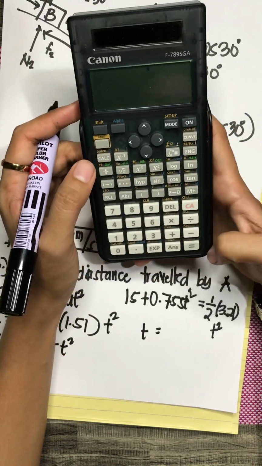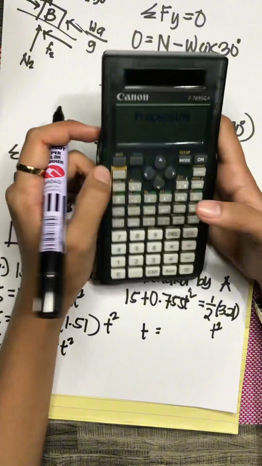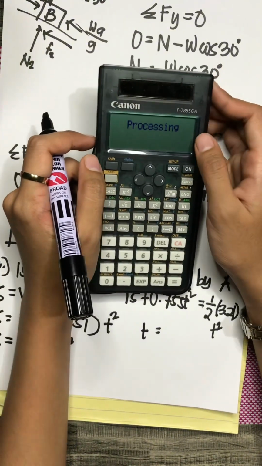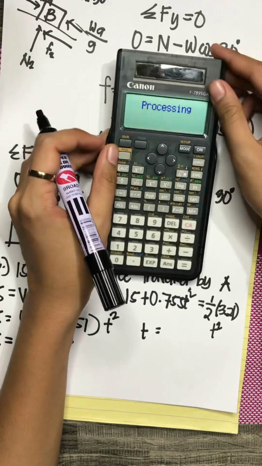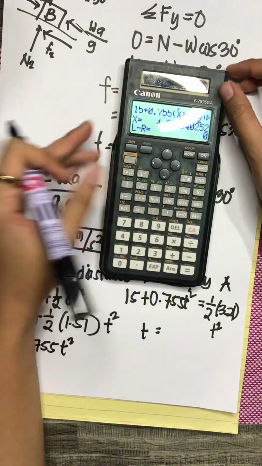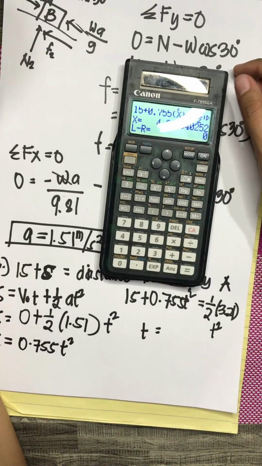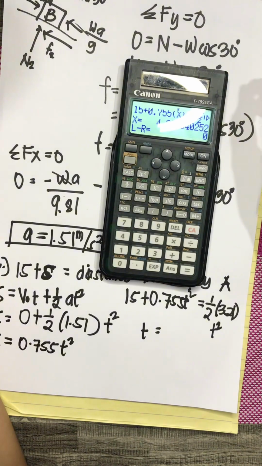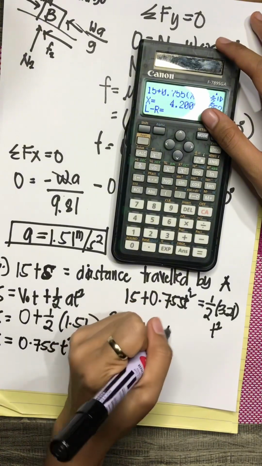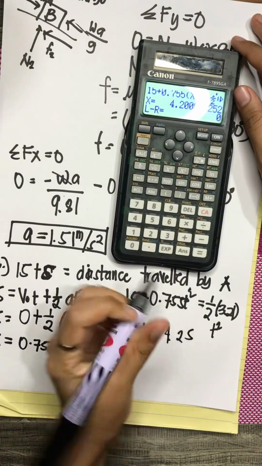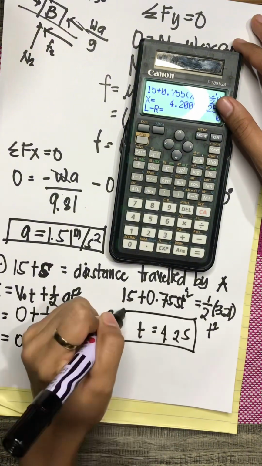Shift solve. So the time that elapsed until the blocks touch is 4.2 seconds. So this is the answer.